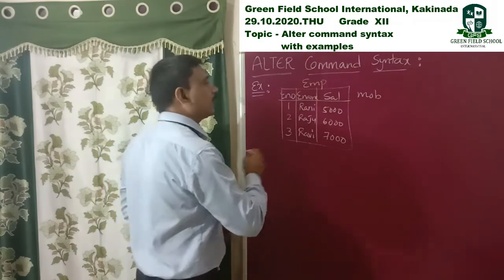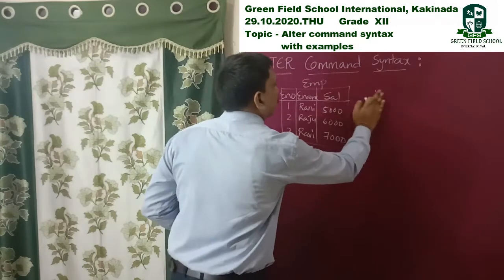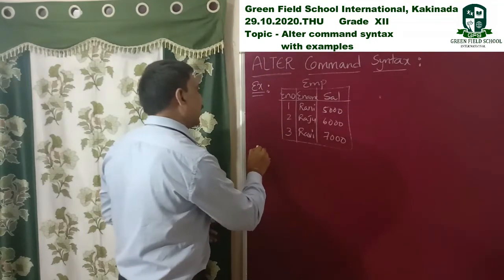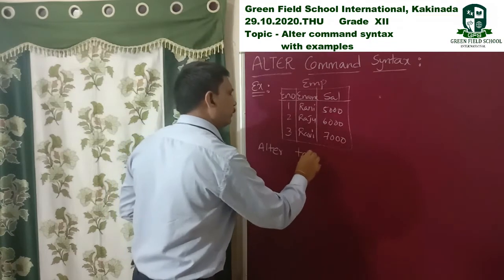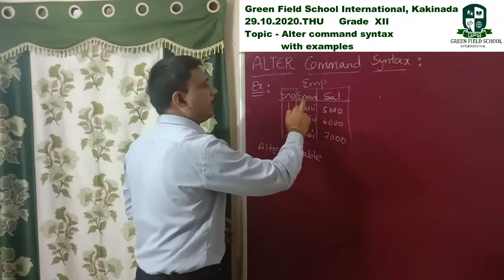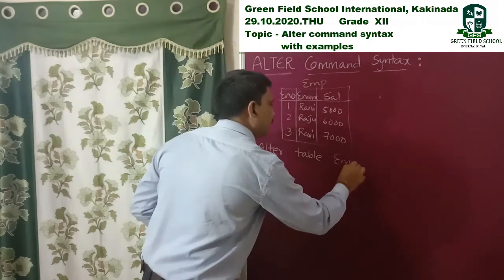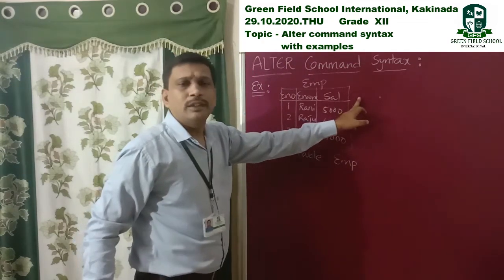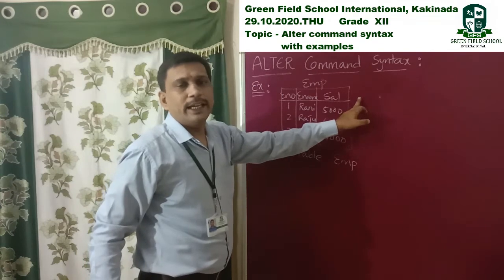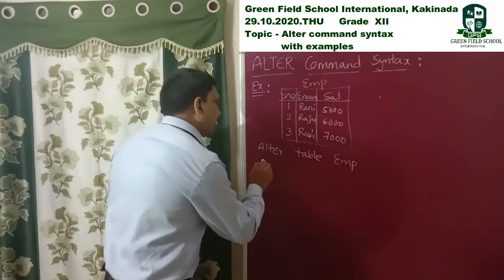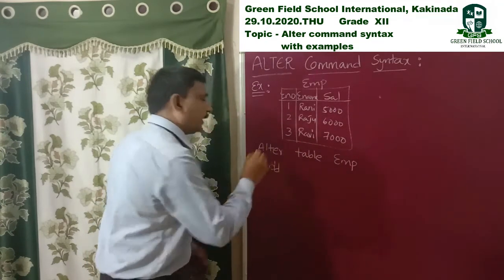So this alter command is used by using alter table. I specify a table name here, emp. I add one more column here, the mobile number column. That's why we go for the add option.